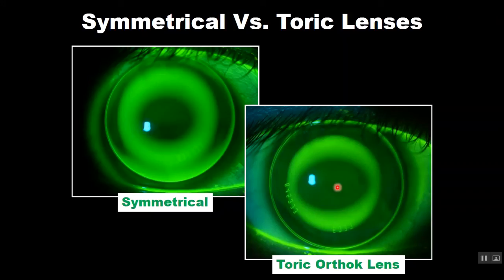So this is where a toric Ortho-K becomes helpful. When your symmetric lens is only landing across the horizontal or the flat meridian, but lifting so much across the vertical, putting 2 depths of axes into the lens allows much better peripheral alignment, better centration, and most likely better hydraulic force to achieve the target that we want.